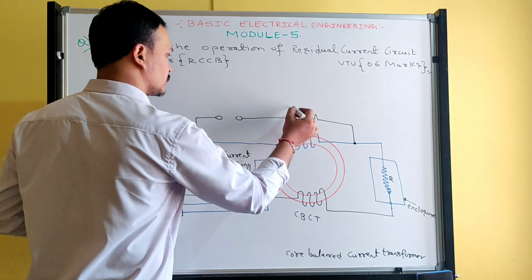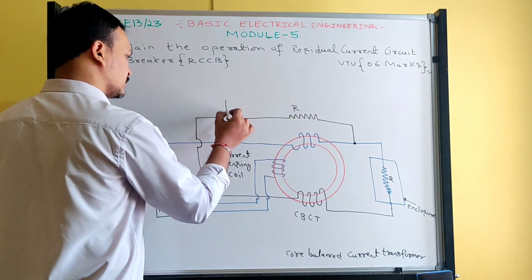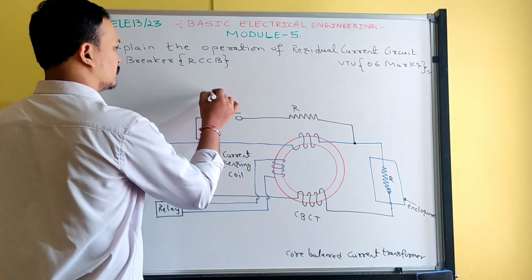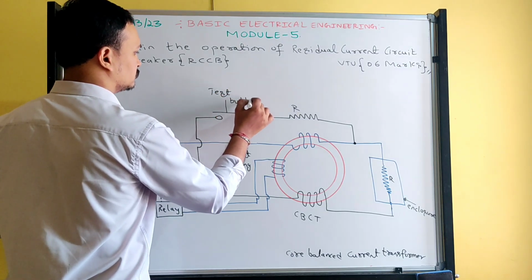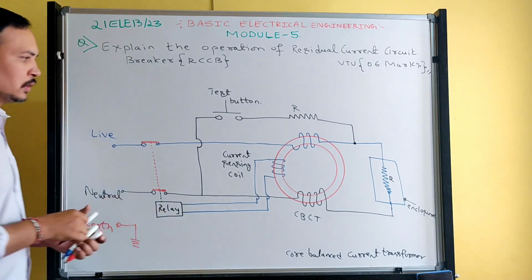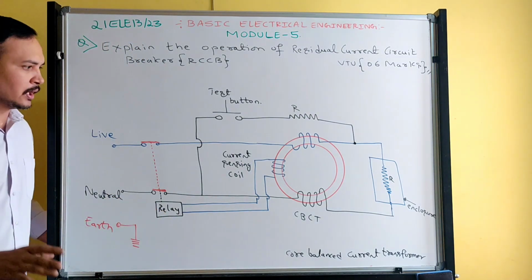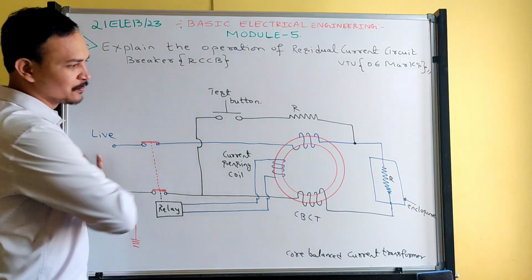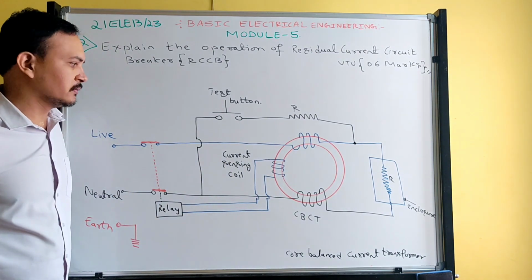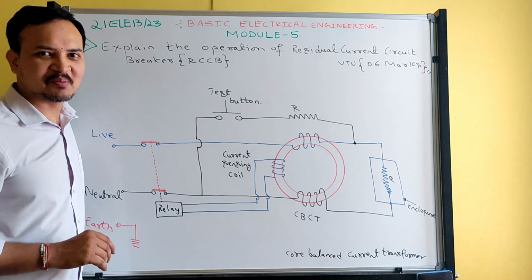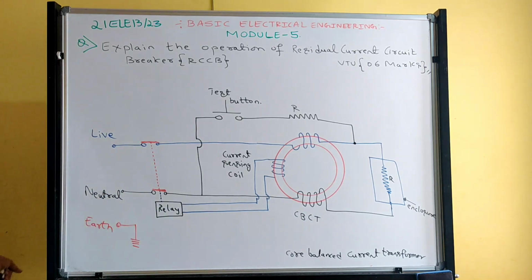So R, and this is the test button. What it will do, I will explain neatly now. So I wrote a complete diagram of the residual current circuit breaker. Write it as neat as possible. Let me explain in detail.